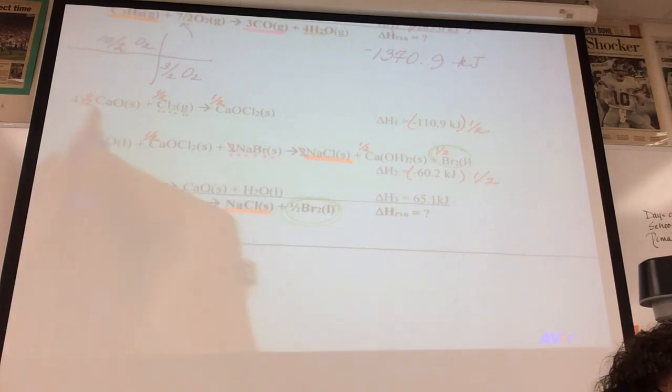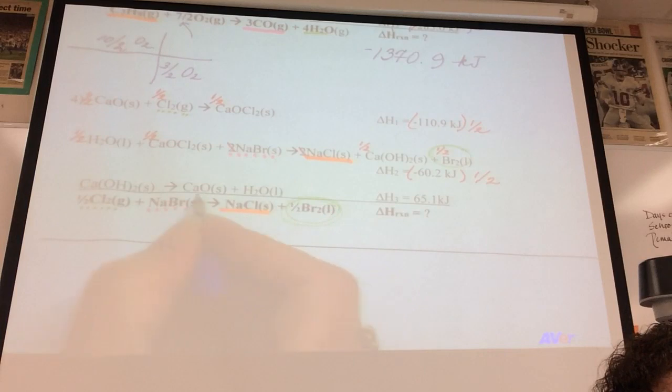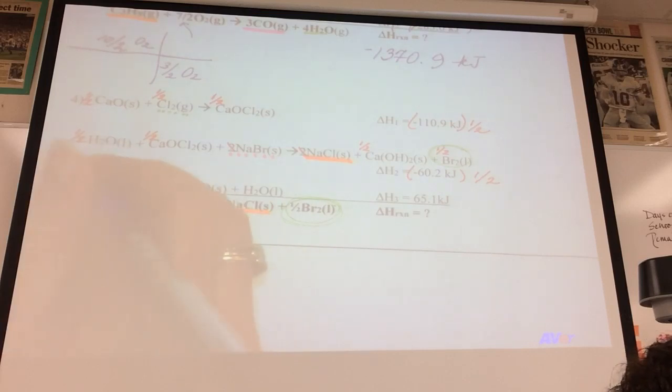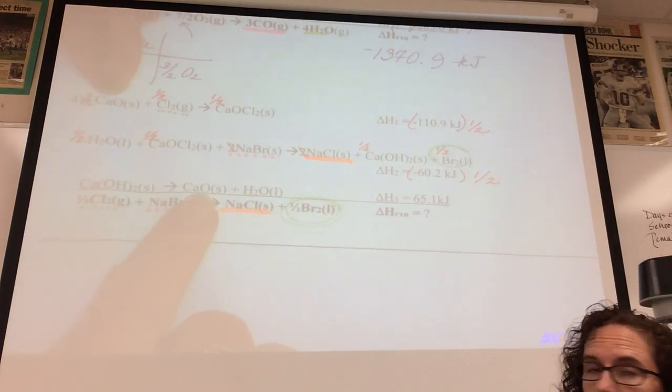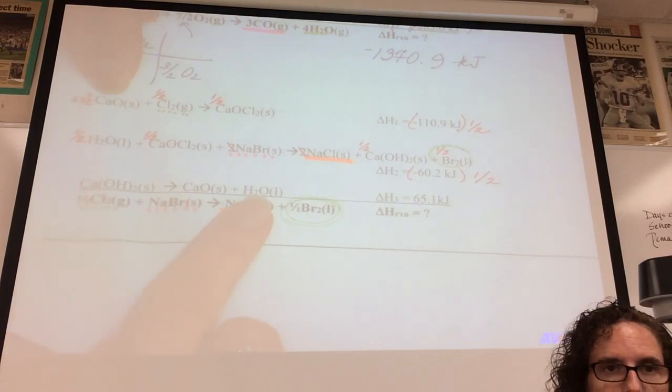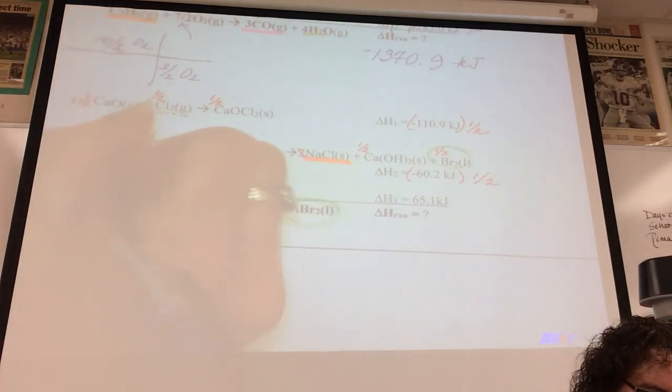So I can see here I have half a mole of calcium oxide, but I've got 1 mole of calcium oxide here. So what do I need to multiply that last equation by? You've got half a mole of calcium oxide here and 1 mole here. I need them to cancel. So I need to multiply this equation by 1 half.